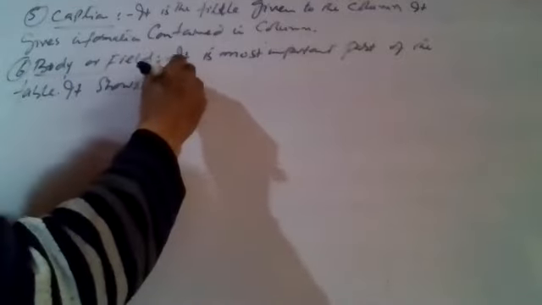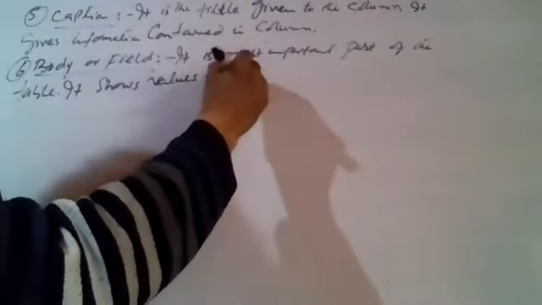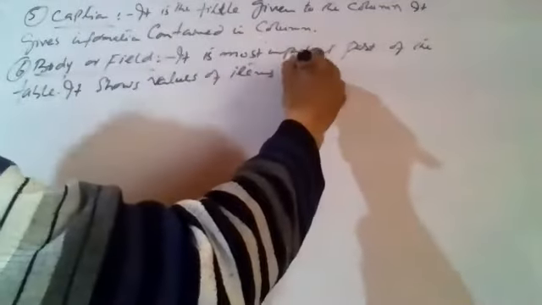It shows values of various items in the table. Each item in the body is called a cell.